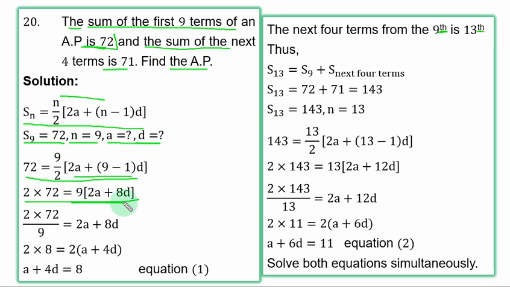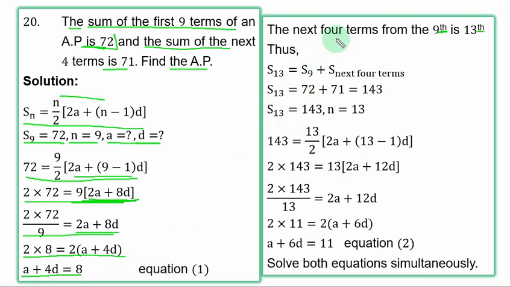Now, divide through by 9 because this term needs to stand alone. You have 2 times 8 equal to this. We factor out 2 from here, so both 2 will cancel. You are left with 8 equal to a plus 4d, or a plus 4d equal to 8. Let's call that equation 1.